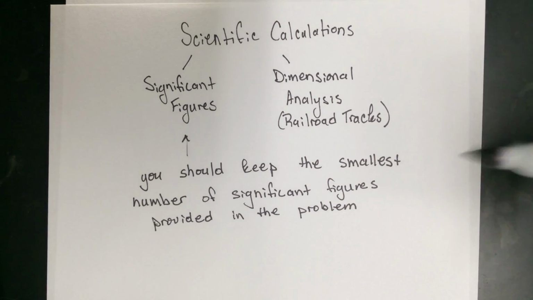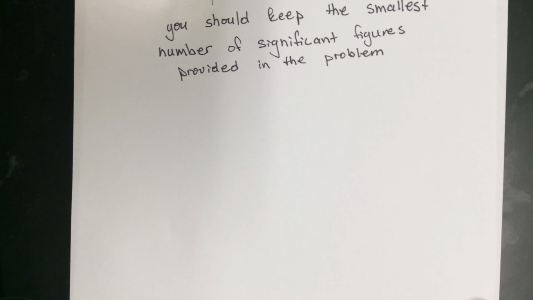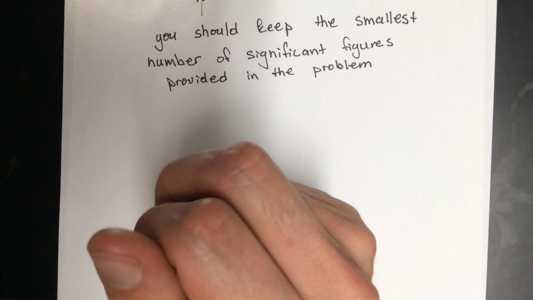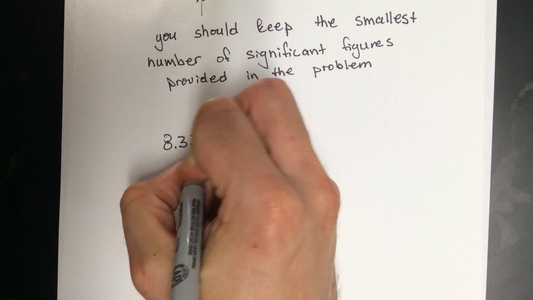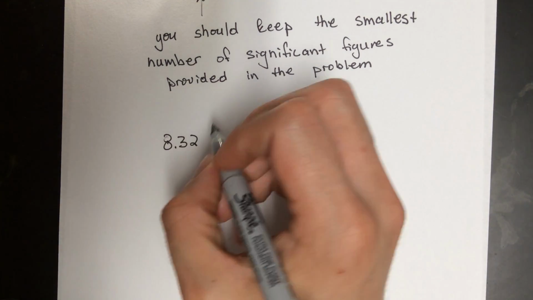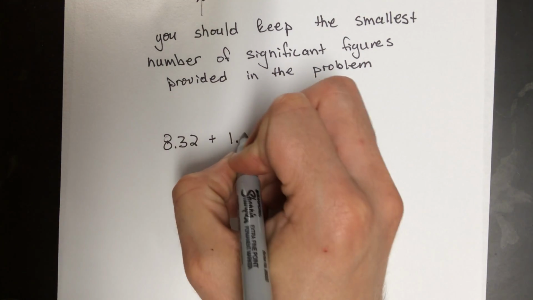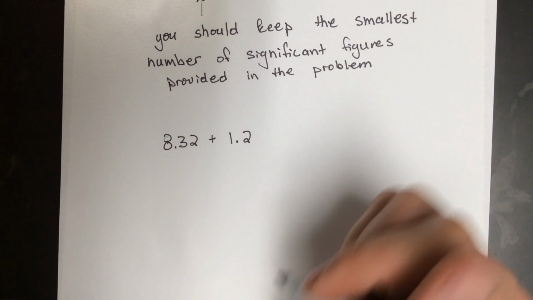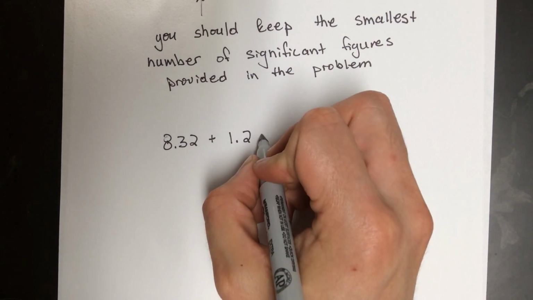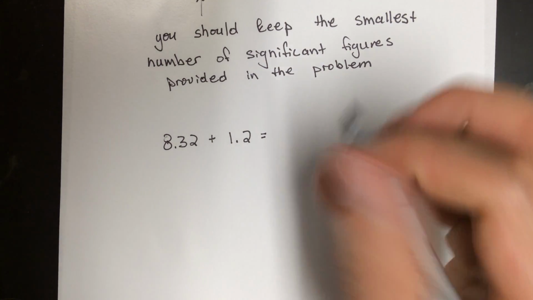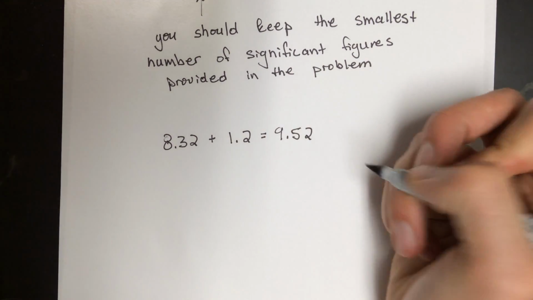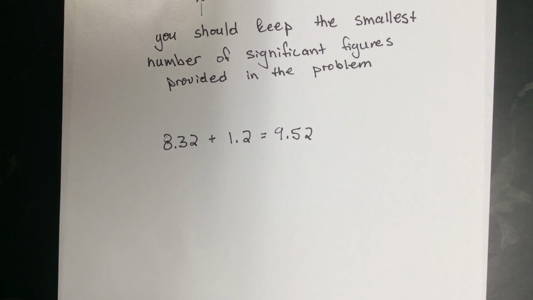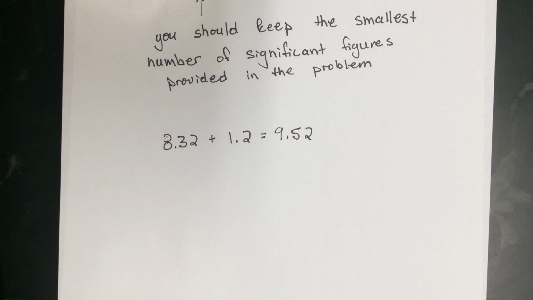Let's look at some examples. So let's say I have in my problem the number 8.32, and I am told to multiply or add that to 1.2. When I type this into my calculator, it says that the answer is 9.52, which makes sense. However, we need to go back and talk about significant figures.